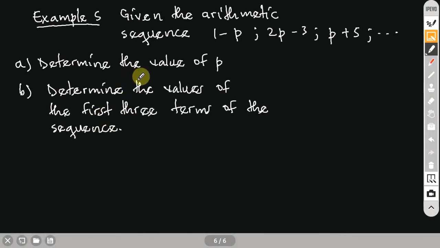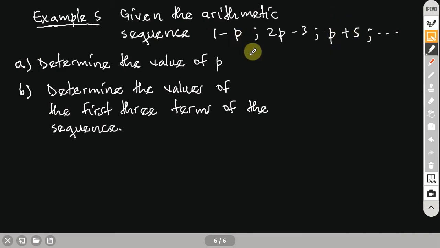Okay, example number 5. Given the arithmetic sequence 1 minus p, 2p minus 3, p plus 5. So this is an arithmetic sequence. This is your first term, or T1, and this is your second term, T2, and this is your third term, T3.